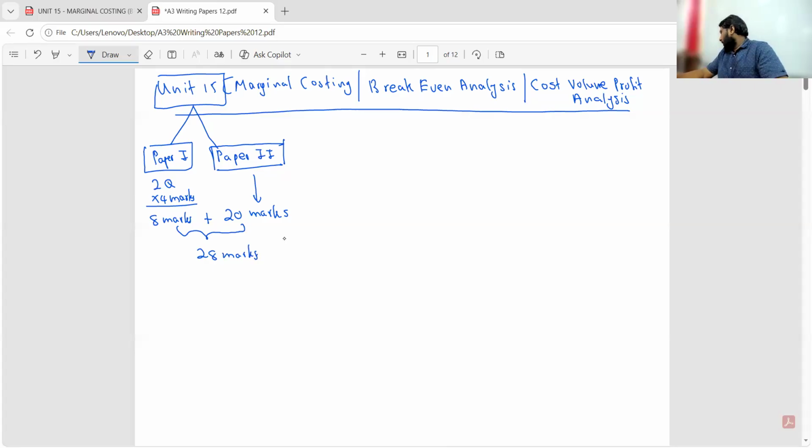So 28 marks means, as a percentage, how much is that? Let me calculate. 28 divided by 440. It's almost 6% of the A-level paper.